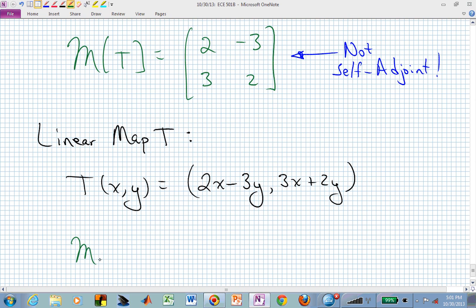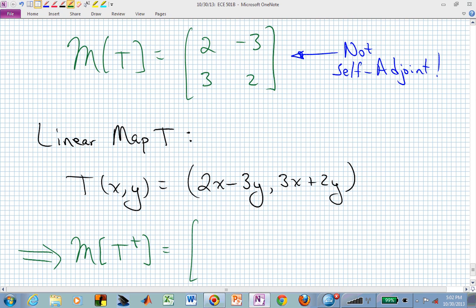What's the matrix representation of the adjoint of T? If we know what the matrix representation of T is, how do we get its adjoint's matrix representation? Again, it's easier because it's real, isn't it? These are real numbers. We could still be in the complex field, we just have a map that's all real.